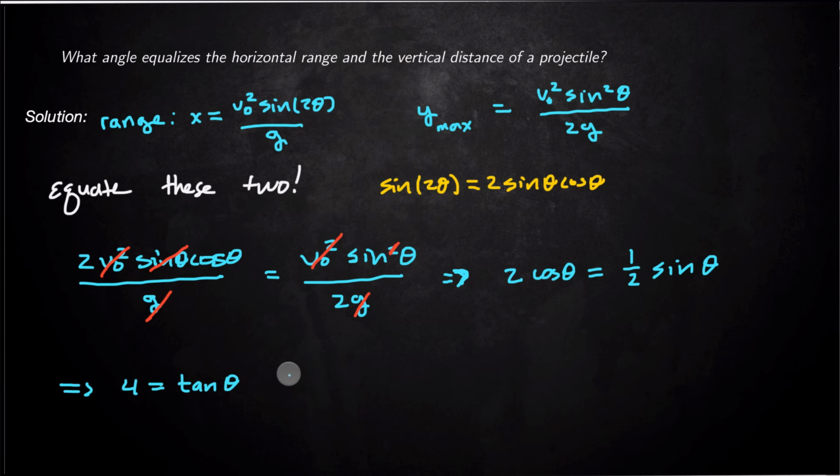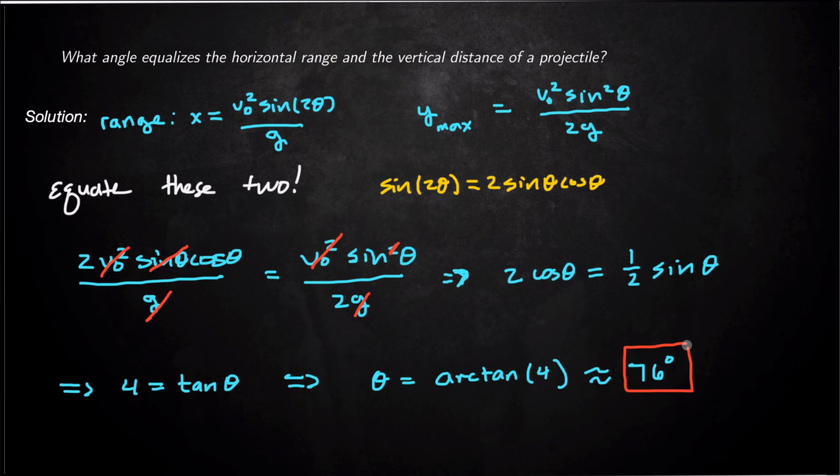And if we solve for theta, we just take the arctangent. We get theta equals arctan of 4, which turns out to be about 76 degrees. So the angle that we have to launch the projectile at to make the horizontal range and the vertical distance the same is about 76 degrees.